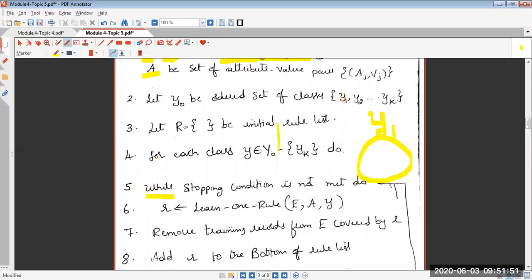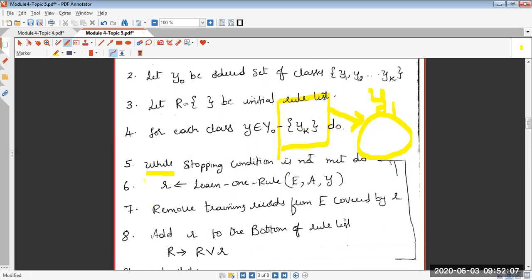That's it. So this is my classifier. For taking a record to class y1, what are the rules? R1, R2, R3. Those will be constructed by the while loop that you are seeing inside. How the while loop will do this, we will try to explore.